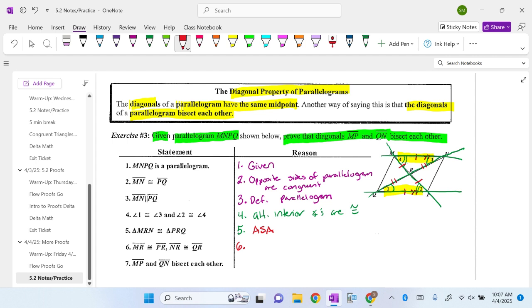Are those sides not made up of the two triangles that I just marked? Yes. So that means that they're congruent because of what? If we have two congruent triangles and those sides happen to be on the congruent triangles that we already proved are congruent, they're congruent by CPCTC.